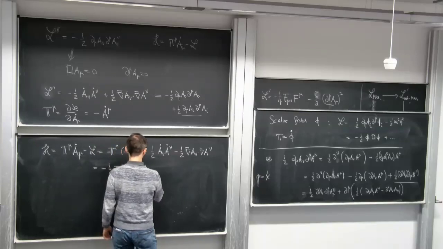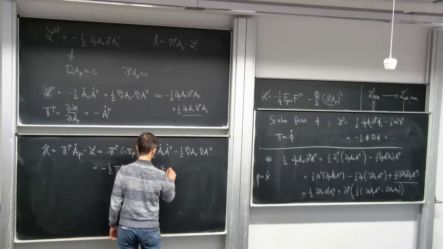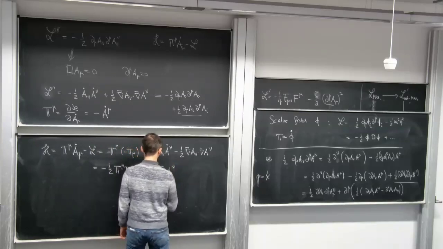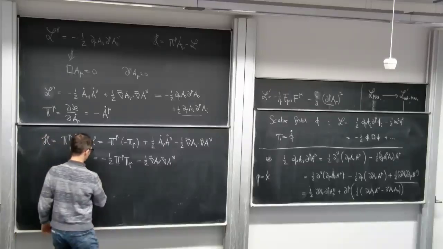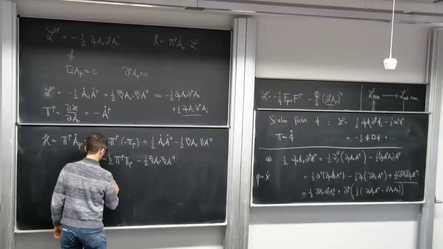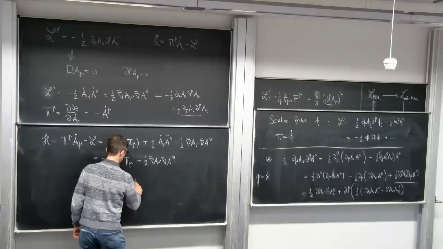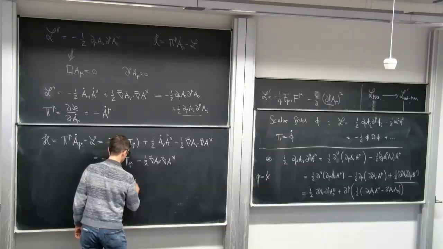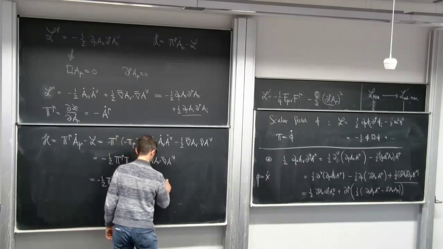Minus 1/2 A mu times A mu. One more time if you want it: minus 1/2 pi 0 squared minus 1/2 A0 squared plus 1/2 pi i squared.